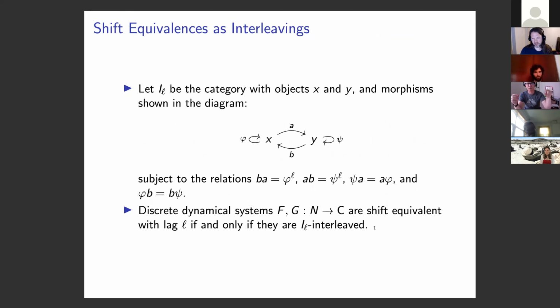Phi gets sent to one self map, psi gets sent to another self map, and going across and back, you just sort of declare that it costs L iterations of the two non-identity self maps on X and Y. And so you get that two dynamical systems are shifted of lag L if and only if the two functions corresponding to your dynamical systems extend over this larger category.